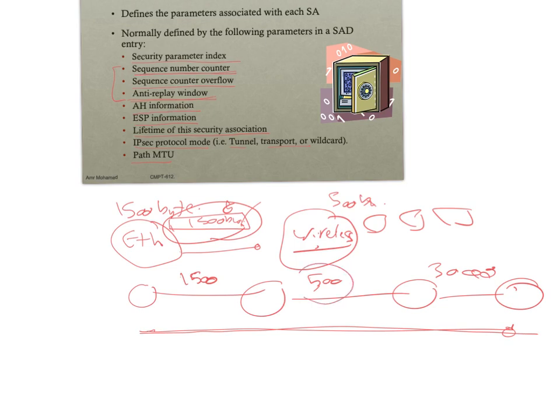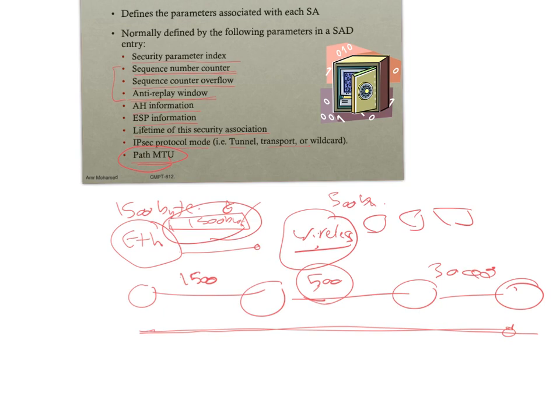In that case, it's 500. And we store it in the security association. So this means that inside this tunnel, even if you have Ethernet with maximum transmission unit of 1500, we'll have to use 500 to avoid fragmentation inside the tunnel, because this will complicate the security services.